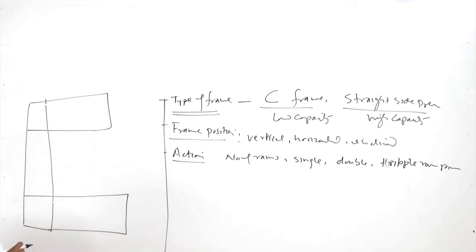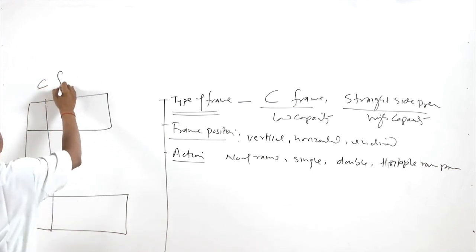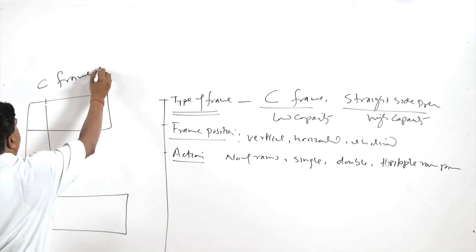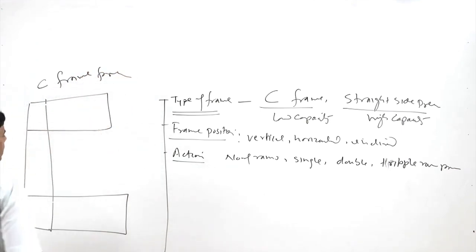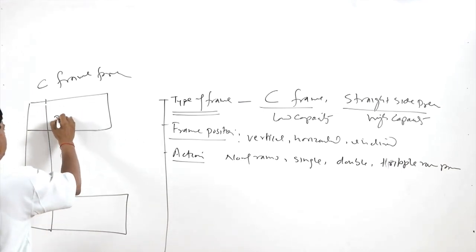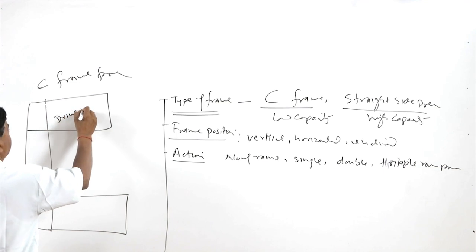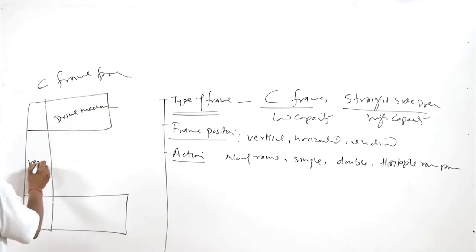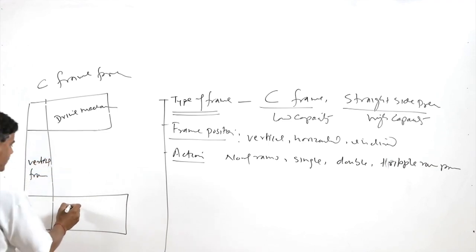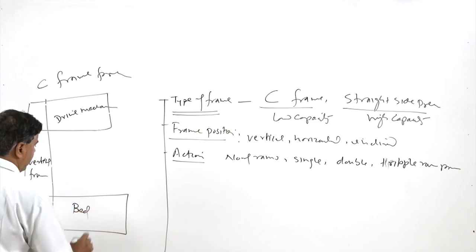So, this is one type of press, you can say the C frame press. At the top portion of the C, it houses all the drive mechanisms. This is the vertical frame, and this is the bed.